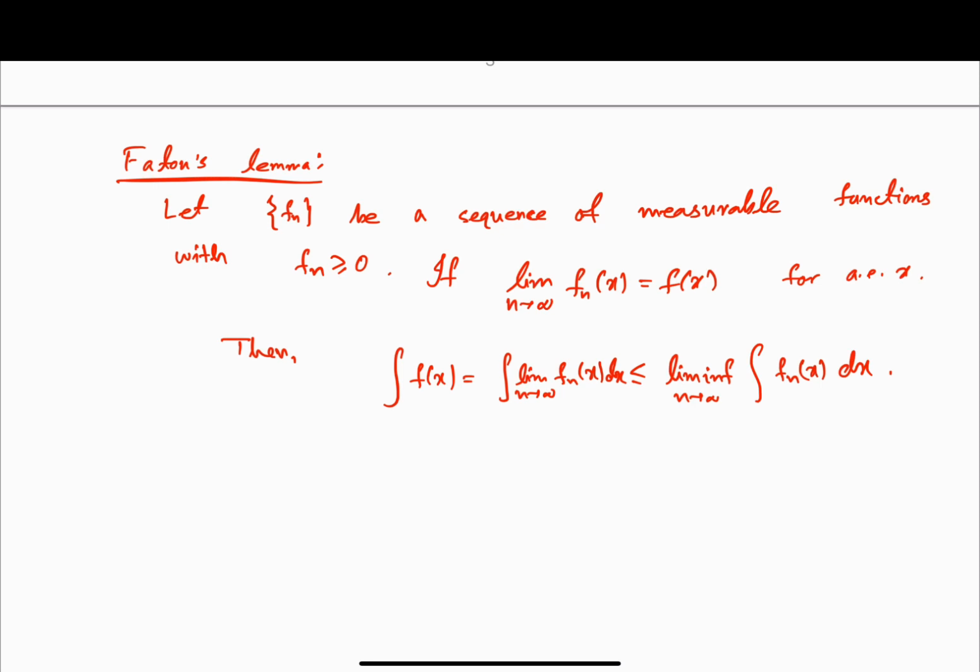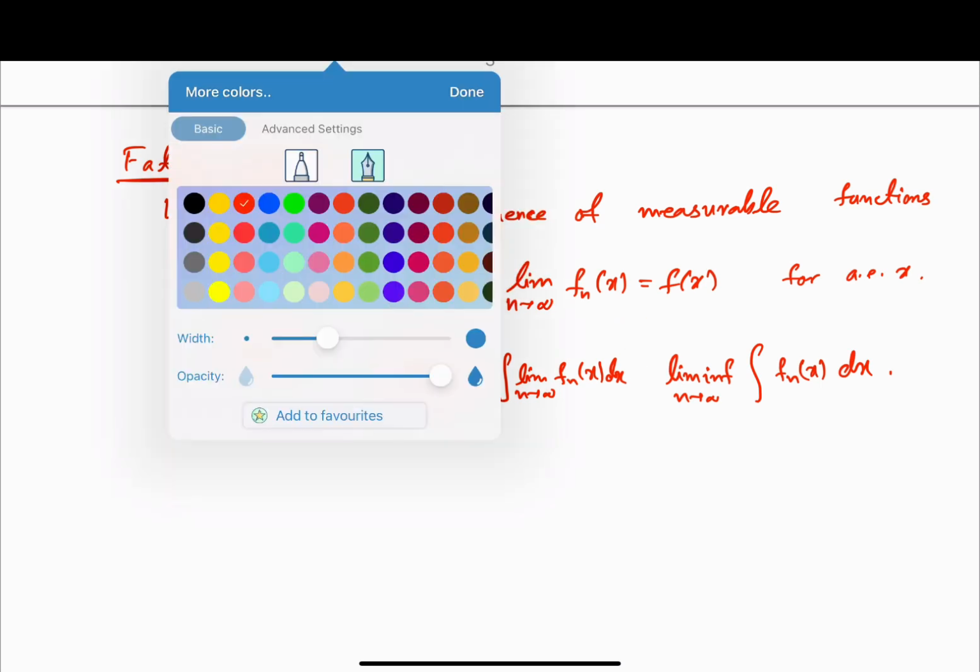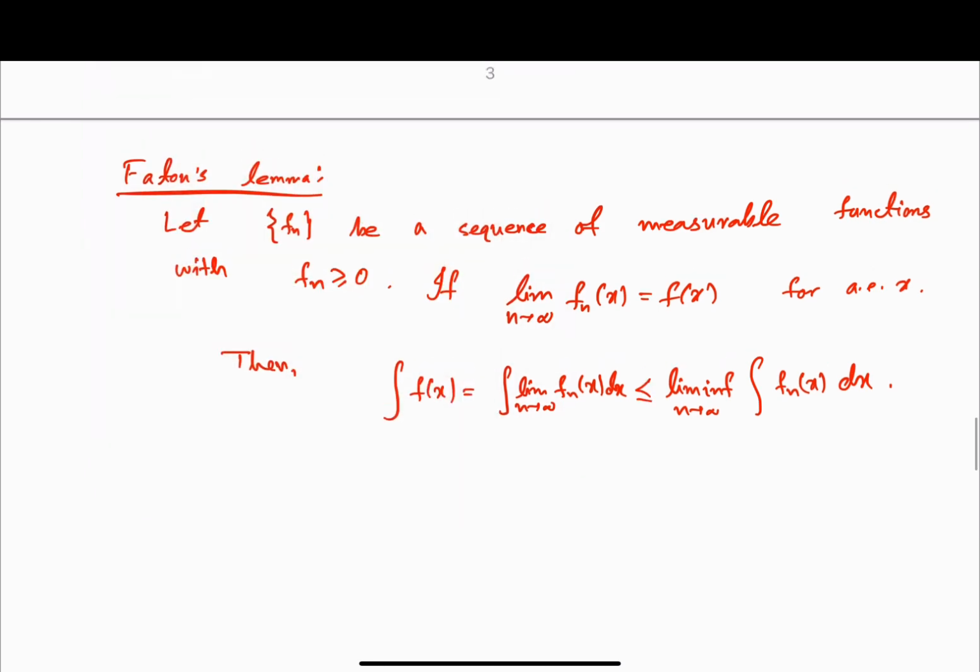So it is saying that you can take the limit out from inside, but you have this inequality sign. So we will use this.